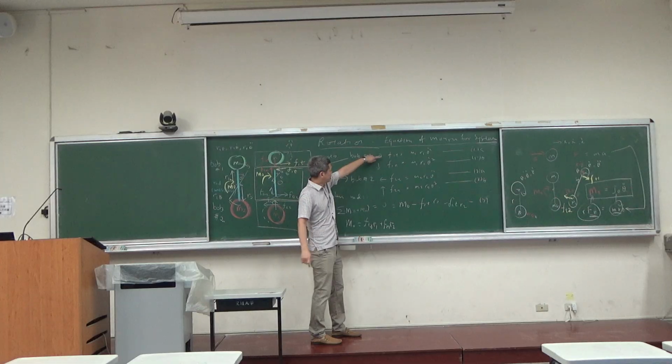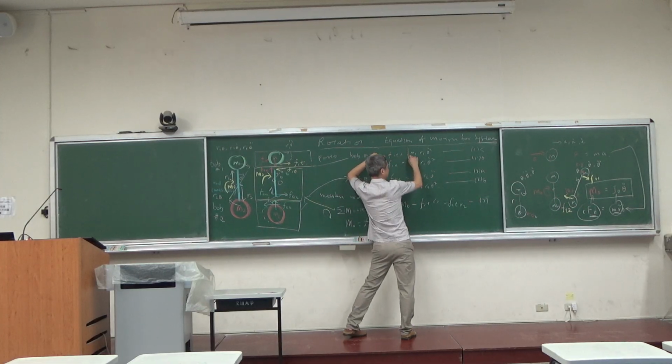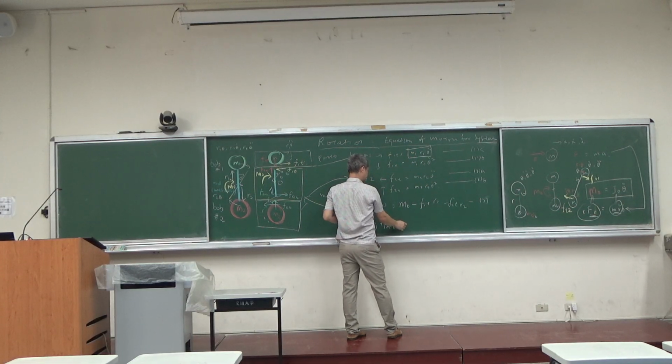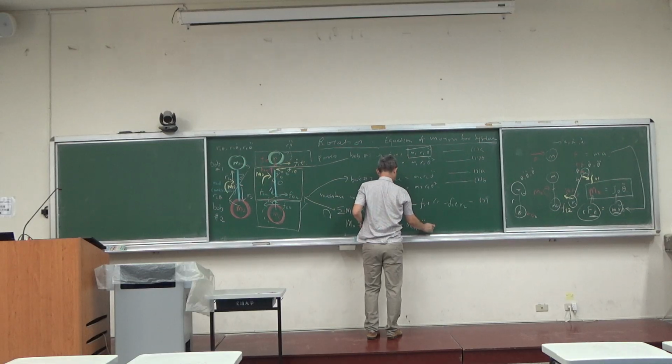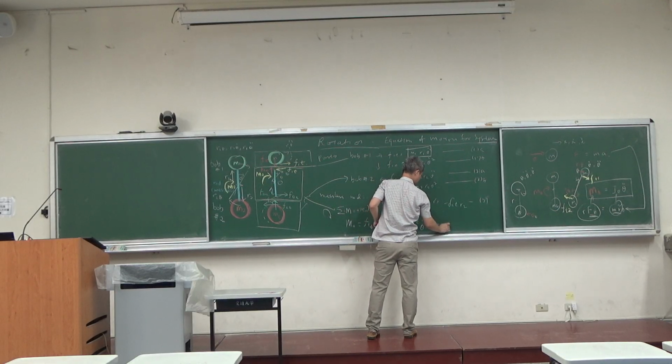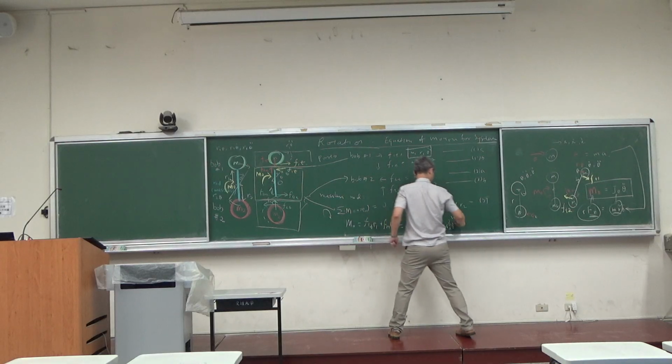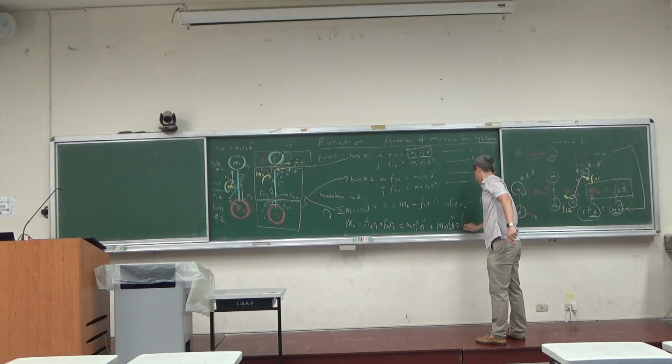If you now do the substitution of the expressions here, then you have M1 R1 square theta double dot plus M2 R2 square theta double dot. So in the end, you have this expression.